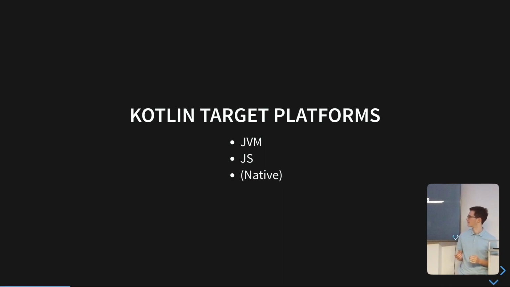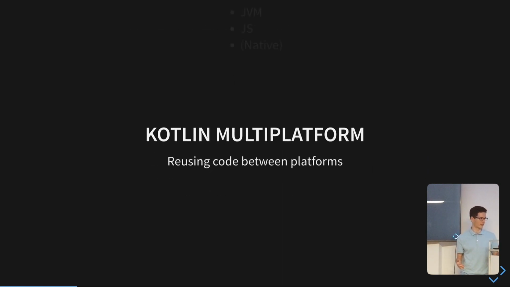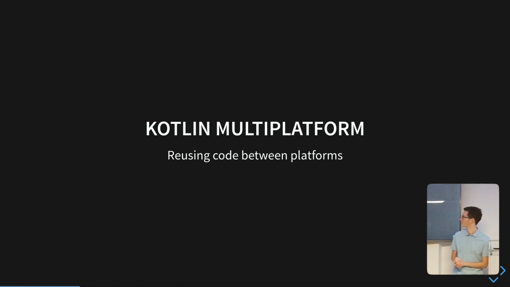Having those targets is nice, but it's not enough. We still need a way to make it work so that we just write the code once and it will run on all of these platforms. So we need a tool or method for that, and there comes Kotlin multi-platform, which is exactly about that.